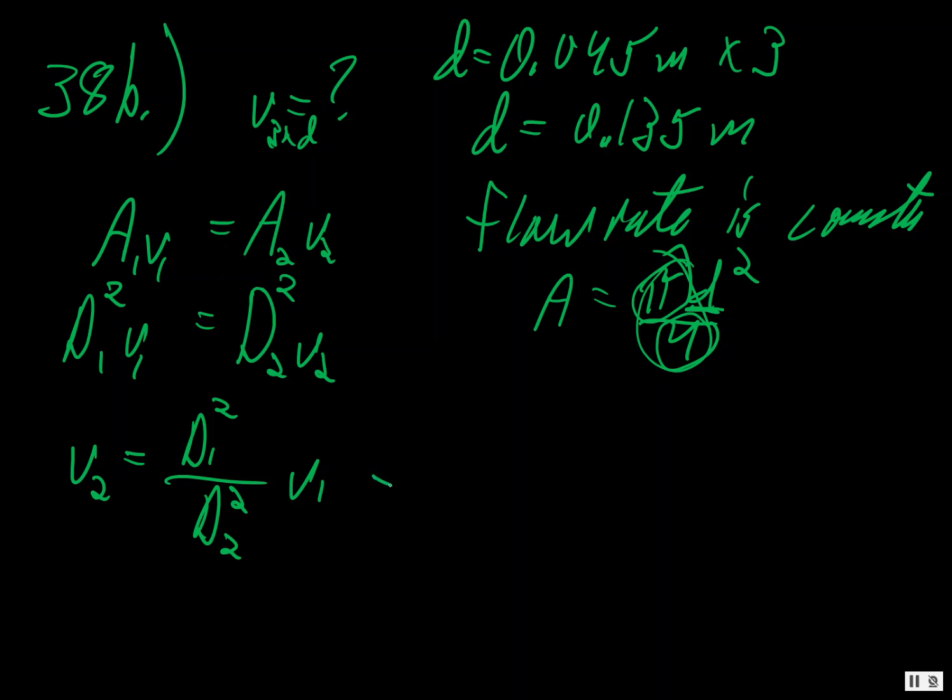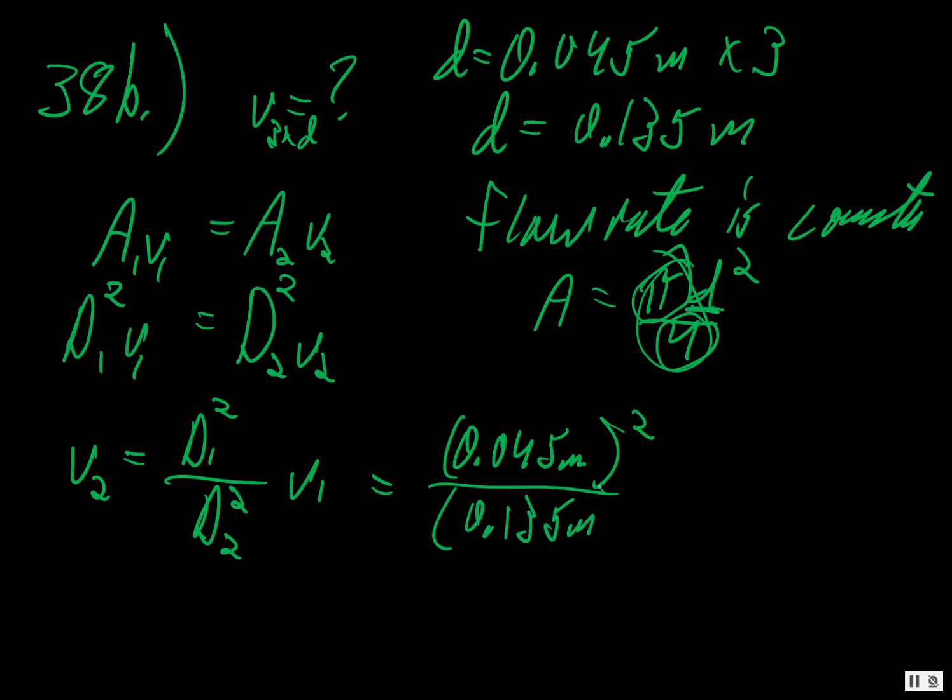Okay. So we've got D1 squared, which was 0.045 meters squared, over, and by the way, you could do the whole thing and then square it. You could do it that way. 0.135 meters squared, it's the same difference.